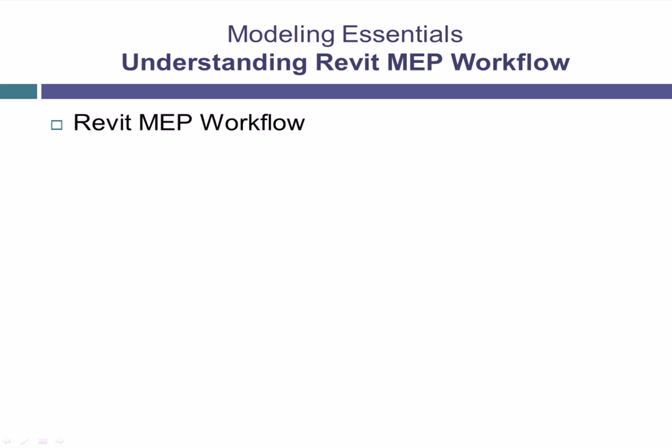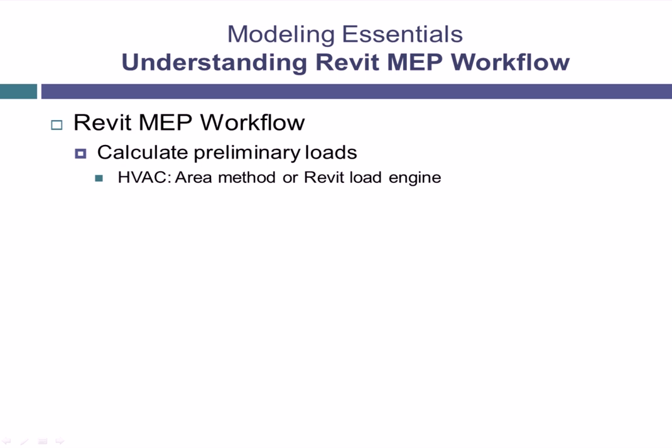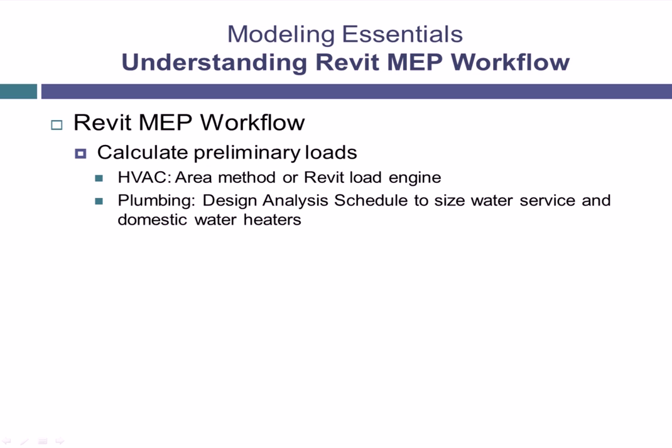Different disciplines have different methods for doing this, but they all have a way to get a reasonable idea of the loads. For HVAC, these loads can be generated by using an area method, or by using the Revit load engine as a first pass. For plumbing, a design analysis schedule that quickly tabulates plumbing fixture counts can be used to size the water service and domestic water heaters.